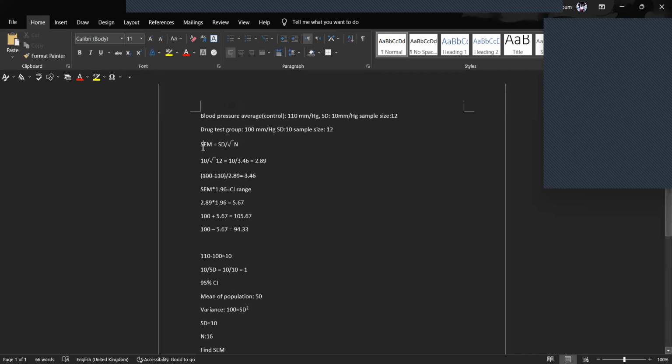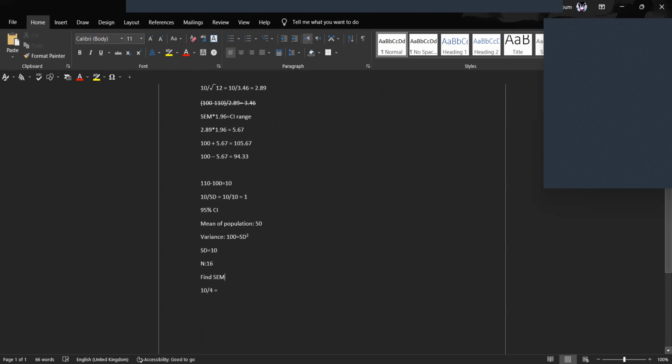Okay, using this equation. So 10 divided by 4 is equal to 2.5. And then 2.5 multiplied by 1.96, which, as we said, is the Z value to find 95% confidence intervals.